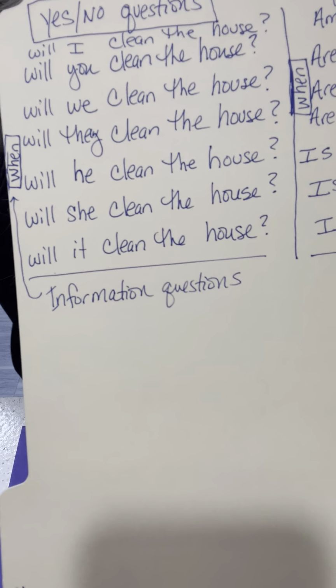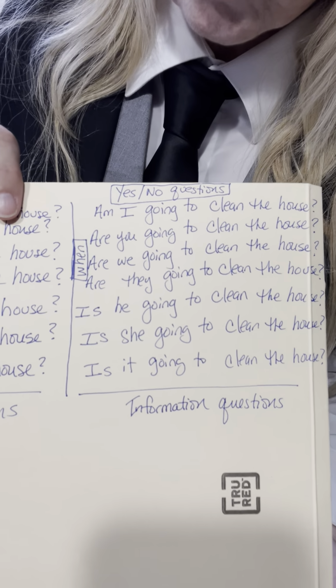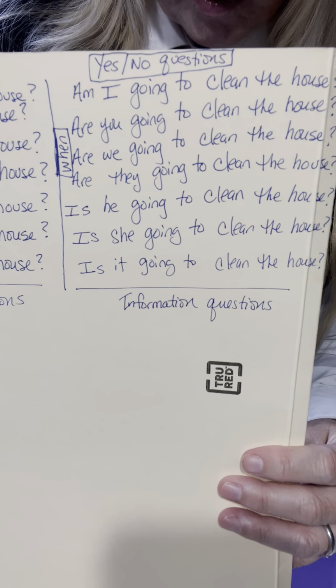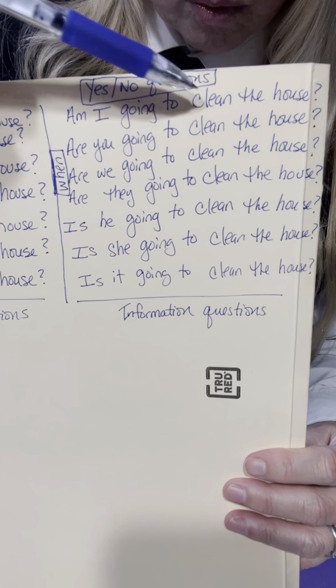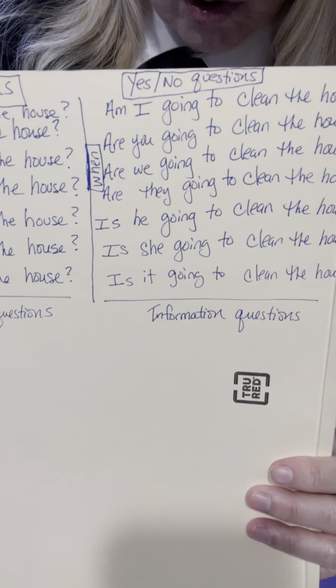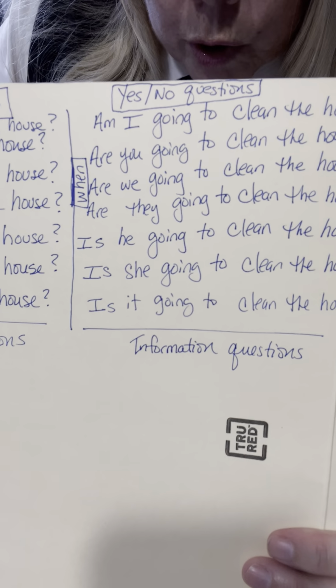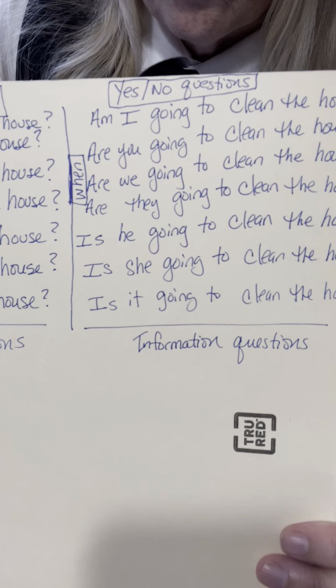Okay, let's do the same thing with going to. So here, the affirmative sentence would be, I am going to clean the house. So to form a yes/no question, we're just going to reverse the subject pronoun and the verb.